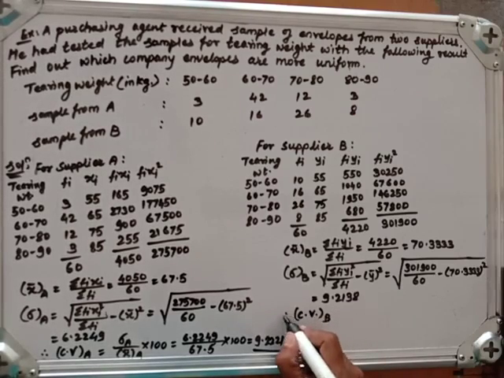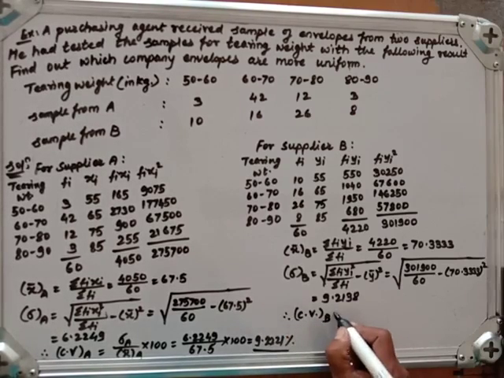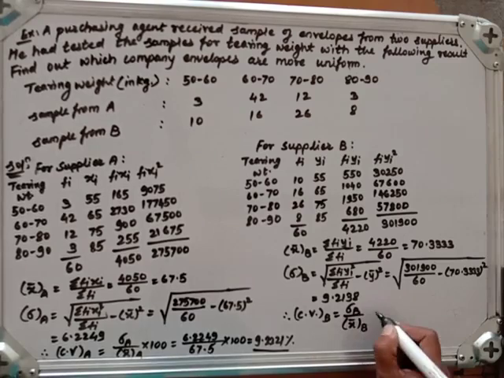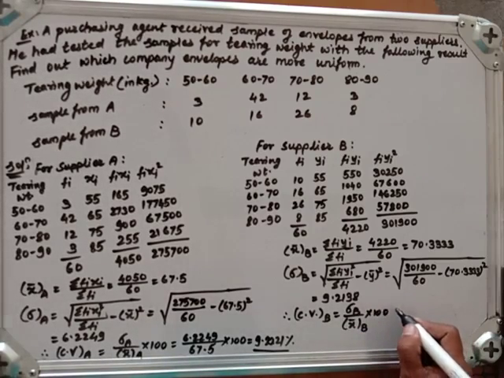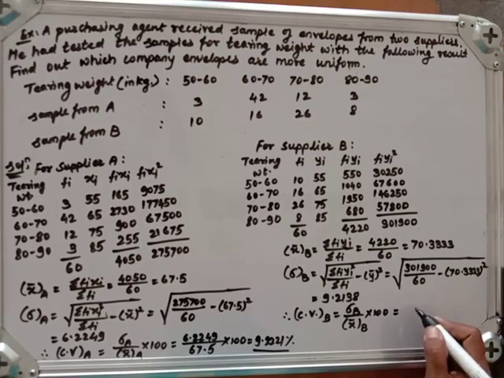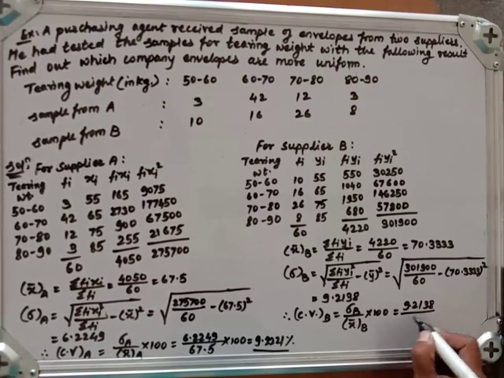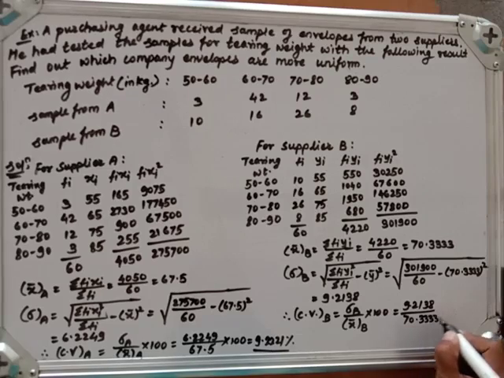And now CV for B. What is CV for B? CV for B will be again sigma B upon X bar for B into 100. So it will be 9.2138 upon 70.3333 multiplied by 100.